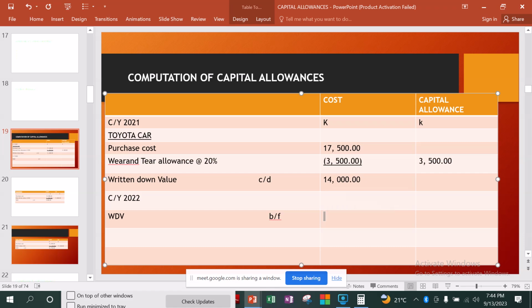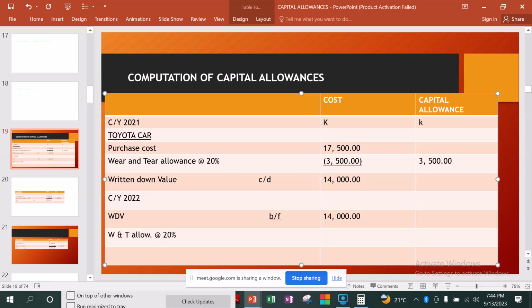So you have 14,000. What we do is again calculate the wear and tear allowance. This is a motor car, so it's at 20%. It's a non-commercial vehicle.